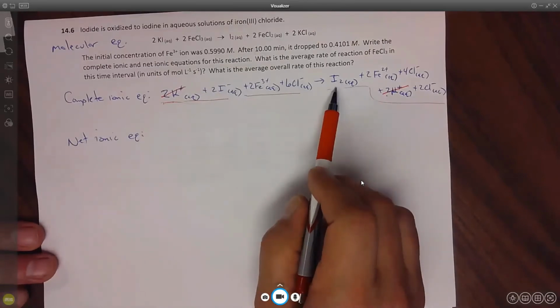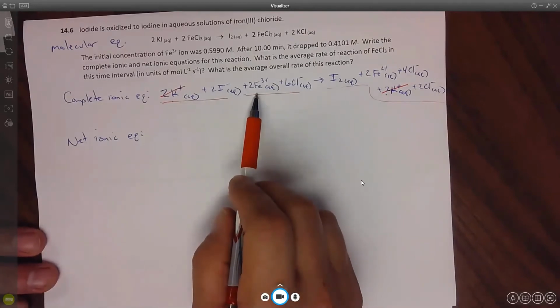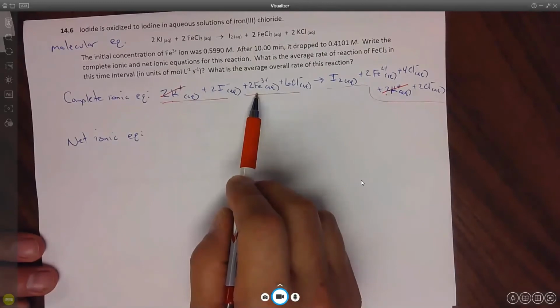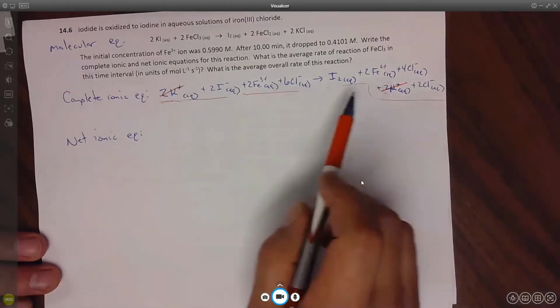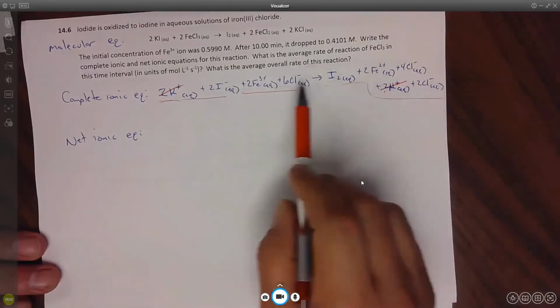But now all of a sudden it's part of this I2 molecule. That's not the same. What about the iron 3 ion? You're on a roll, Eugenie. Same or different? Different. Why is it different? The 3+ and 2+. Yeah, it actually went from 3+ to 2+. It was reduced. They are not the same, so they don't cancel.